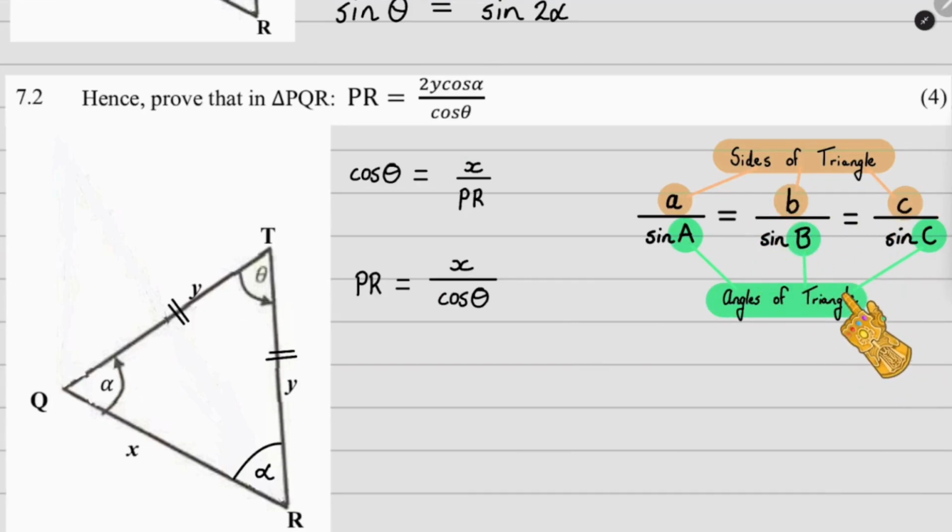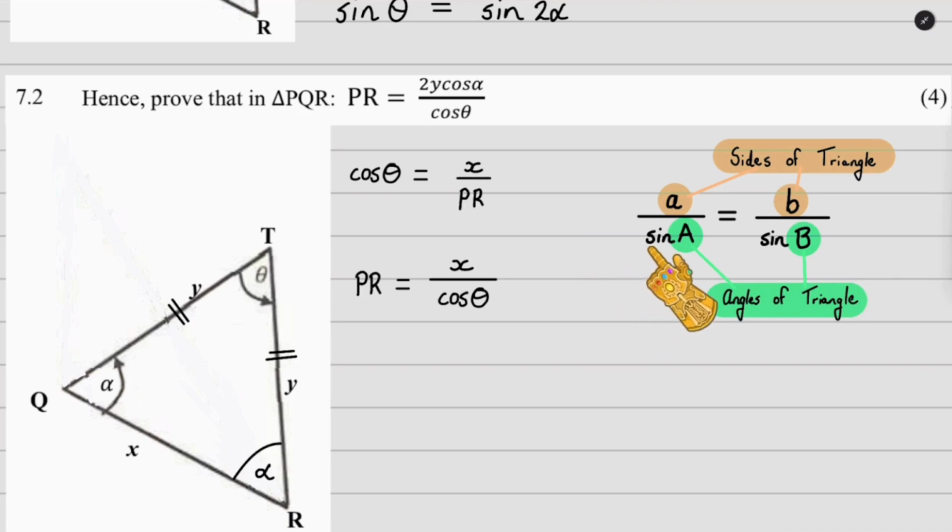And I'm going to walk you through how to use this thing. Now on the formula sheet you get given all 3 of these. We only use 2 at a time, so I'm going to get rid of this. And on the top here we need to put in the sides of the triangle. So we need x, we need to change this x to 2y cos of a. So I'm going to change this to x, and then at the bottom must be the angle opposite it.